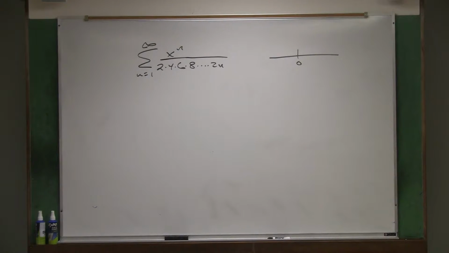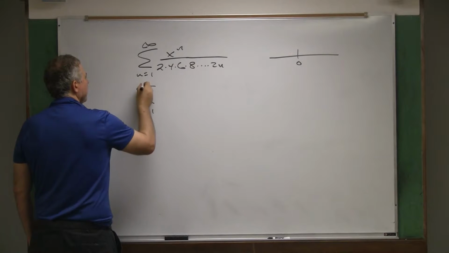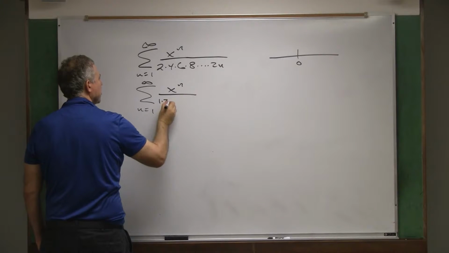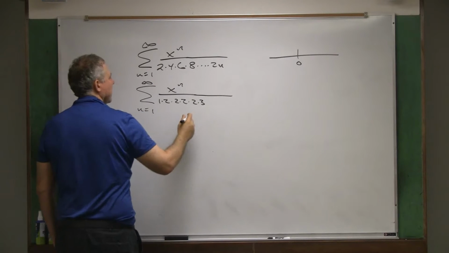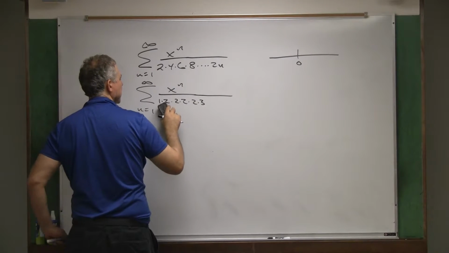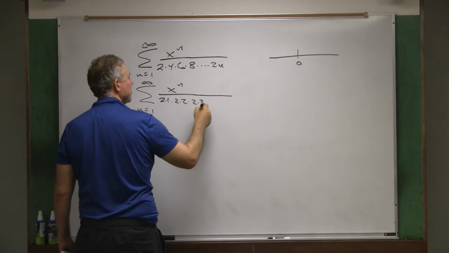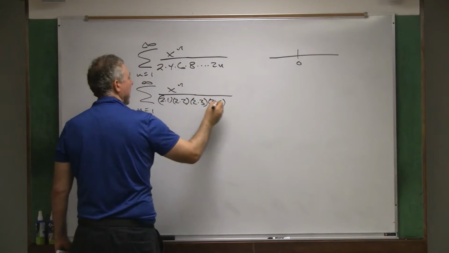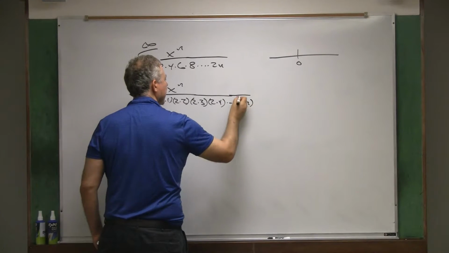Let's rewrite this a little bit better. There's a slicker way to write this. Isn't this 2 times 1 times 2 times 2 times 2 times 3 times 2 times 4, times dot dot dot, finally 2 times n?